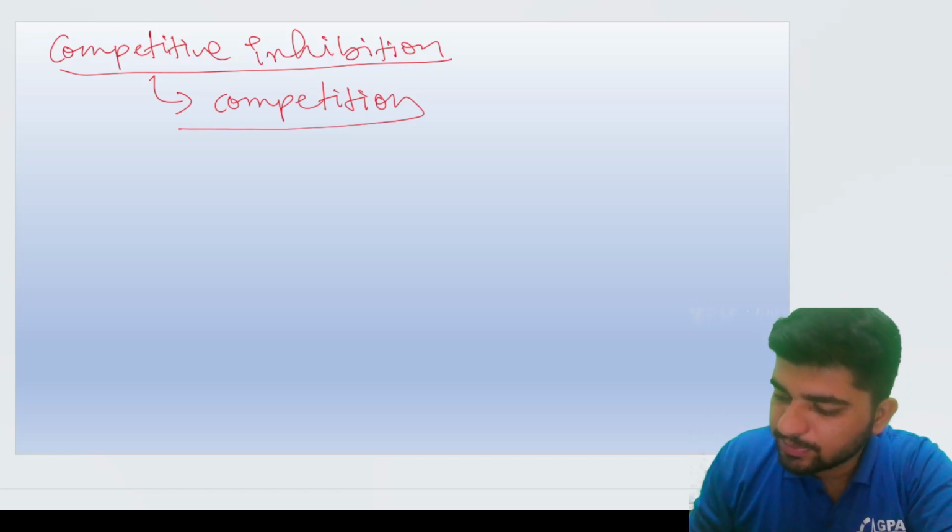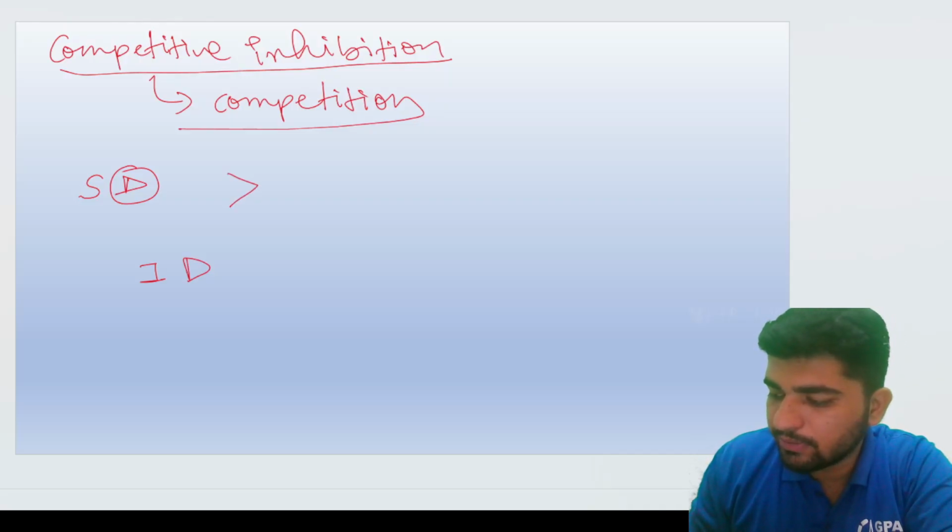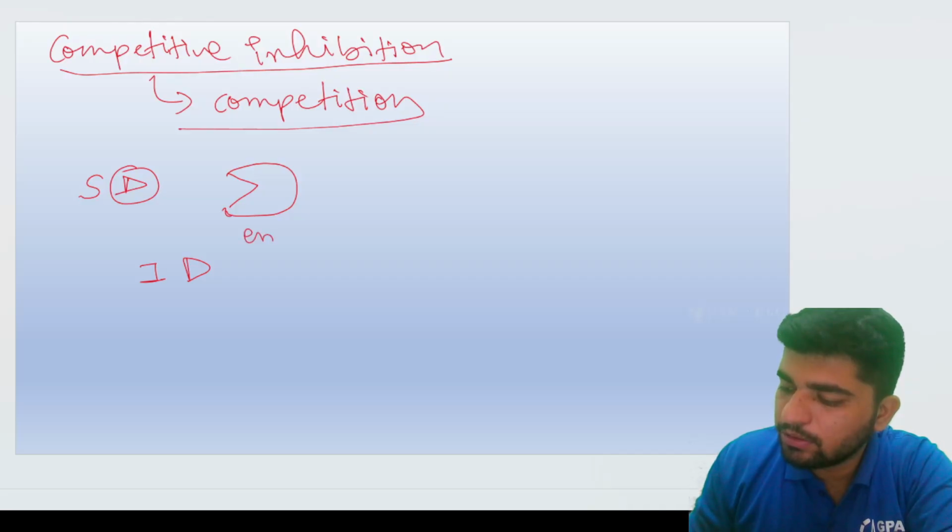Between a substrate, which looks like this, and an inhibitor, which looks like this. And where do they bind? They will bind onto the enzyme. This is the structure of the substrate and the inhibitor drug.